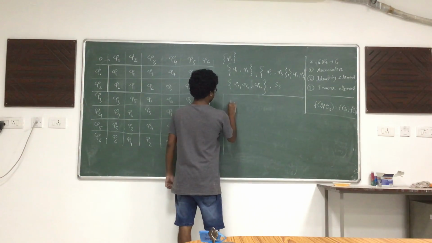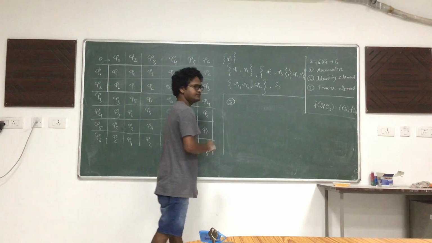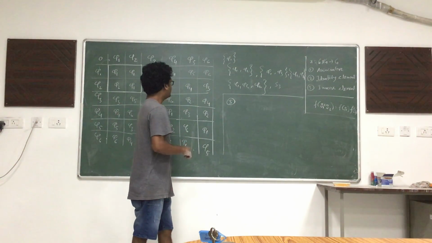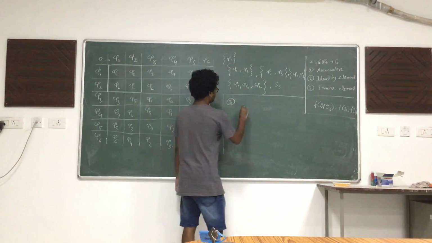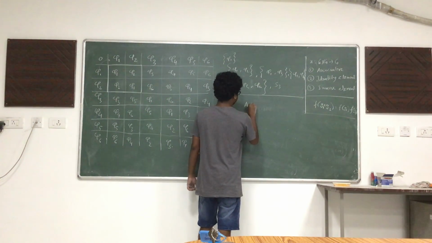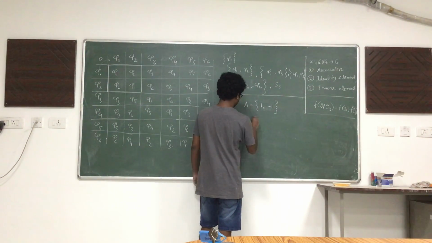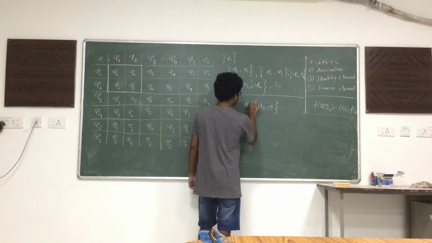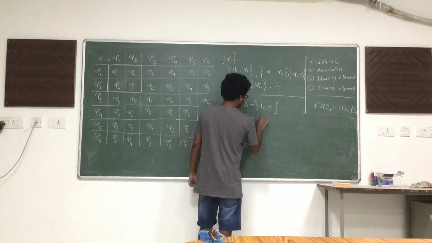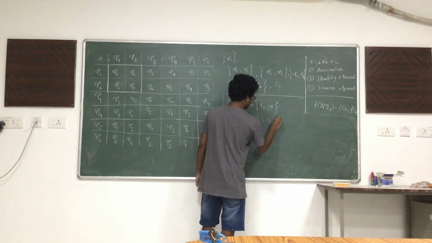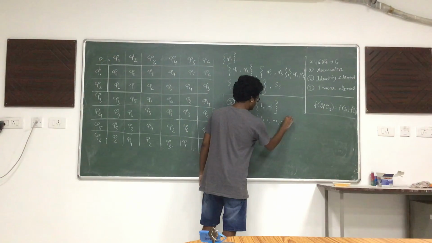Okay, so let us say example 3. Let us say A is the set {1, minus 1} precisely, and B is the set {1, i, minus 1, minus i}.